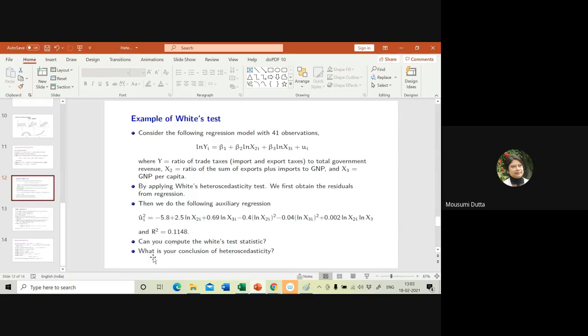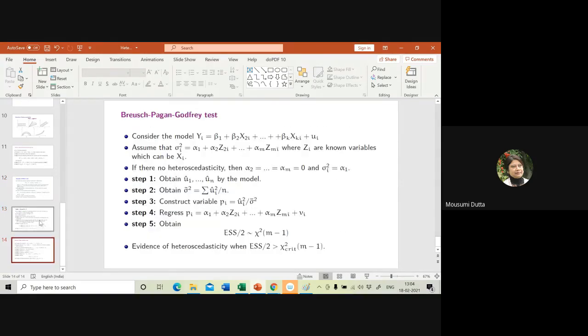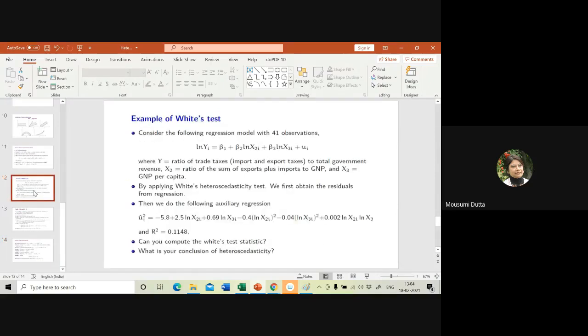Consider the test at the 5% level and check whether the error is heteroscedastic or homoscedastic here. In the next class, I'll discuss these two, and after that I'll shift to autocorrelation. By next Thursday, we will complete the discussion on the error term.